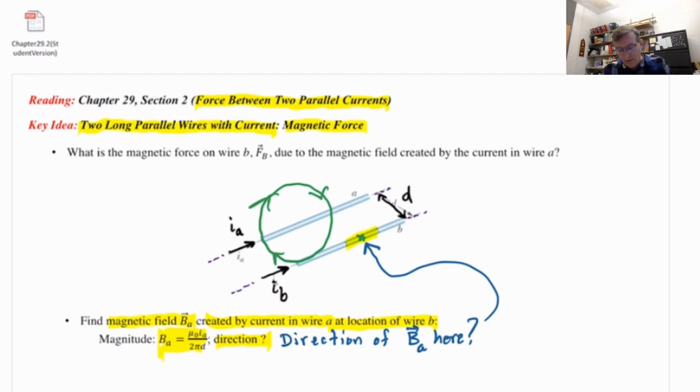I probably didn't draw that very well. It's perpendicular to that line. They circulate in a plane perpendicular to the wire, and they circulate clockwise. So the point is, at the location where the X is, the magnetic field B sub A points, if you like, straight down.